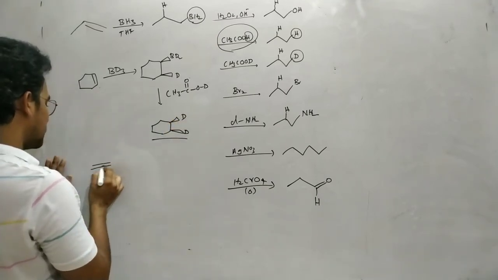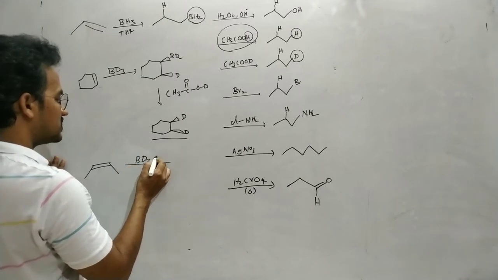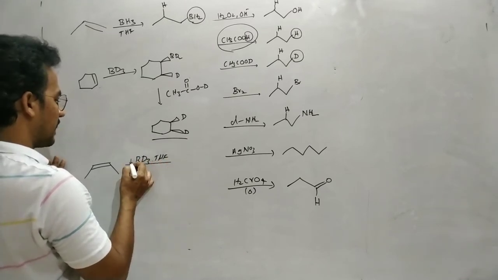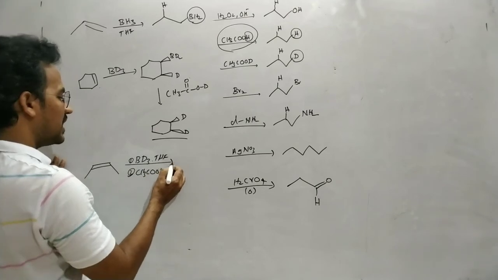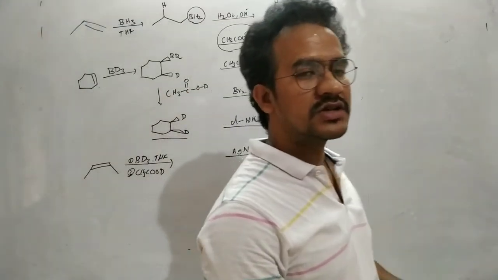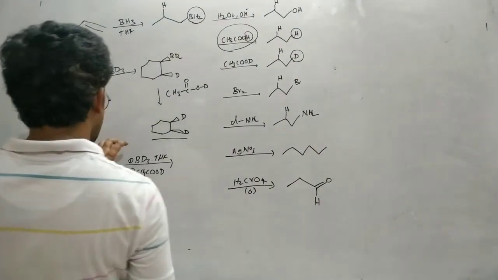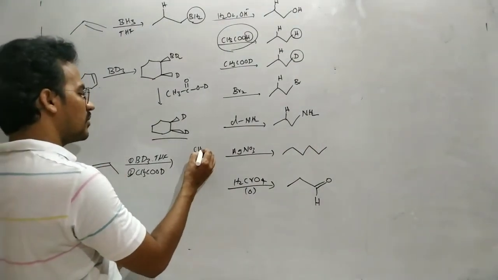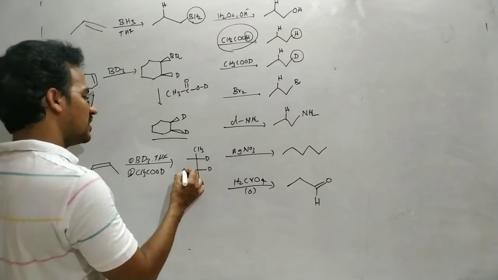Suppose it is a cis alkene on reaction with BD3 in tetrahydrofuran, followed by reaction with CH3COOD. It is an overall syn addition of the two deuterium atoms across the C double bond C. So it is a cis isomer. This isomer on syn addition gives a meso compound.